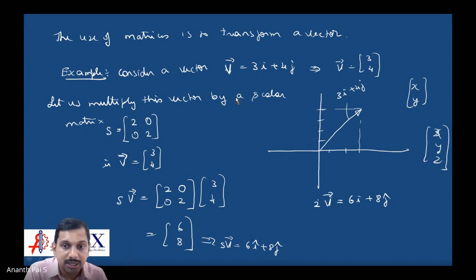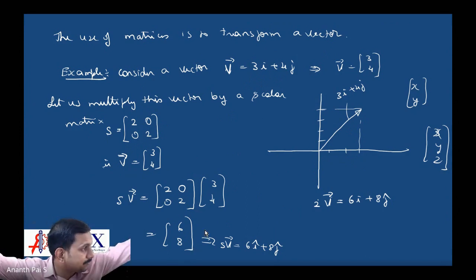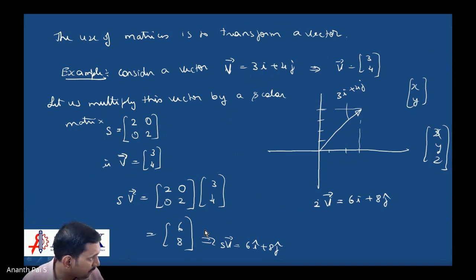Consider a vector 3, 4. If you multiply by the matrix 2, 2, what is going to happen? It is called a scalar matrix because it scales it up. 3, 4 becomes 6, 8. So what is the use of a matrix? It scales it up, so that's why it's called scalar. Scalar doesn't mean just singular, it is scaling up. The matrix which scales is a scalar matrix. Make sense?